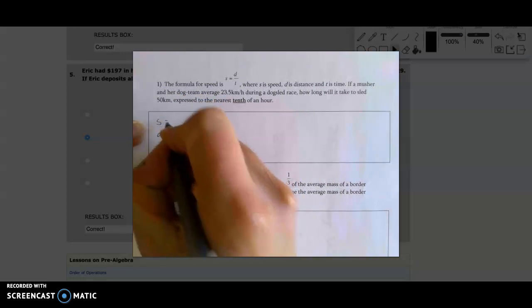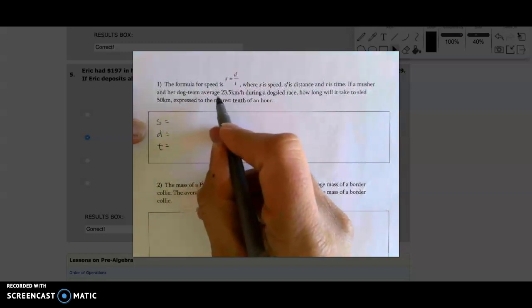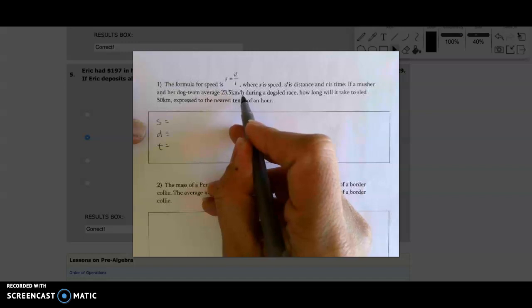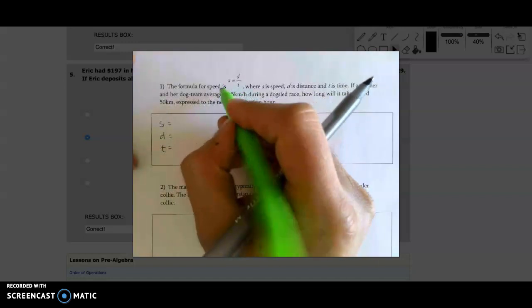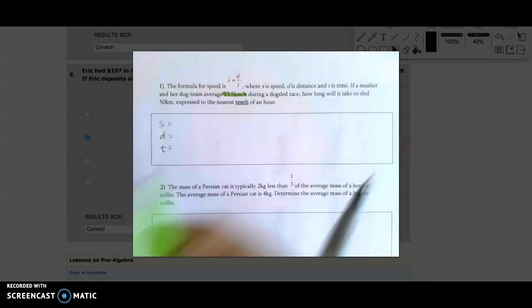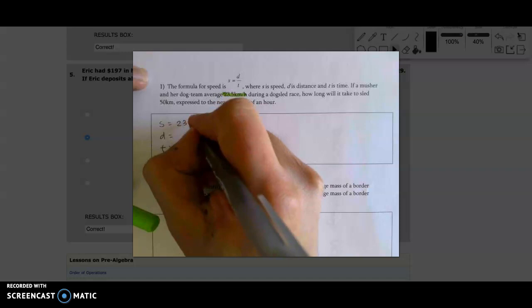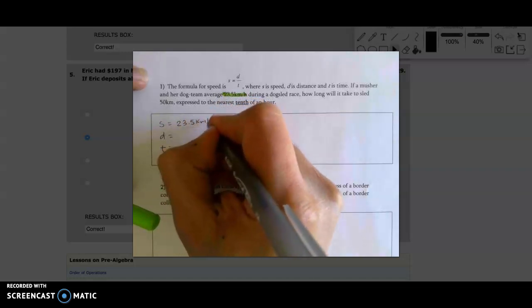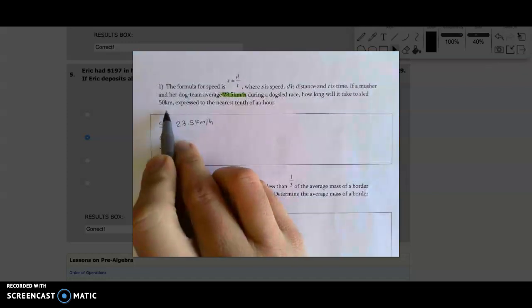What do we know in this one? If a musher and her dog team average 23.5 kilometers per hour. Now, we learned this in our rate and ratio chapter in September. Okay, again, this one is actually speed. How long will it take to sled 50 kilometers?